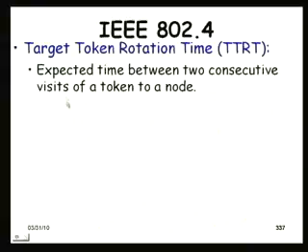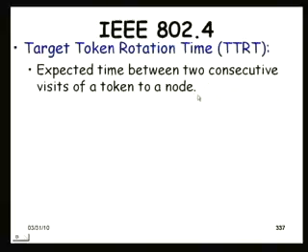One important parameter here is the target token rotation time, or TTRT. The TTRT is the expected time between 2 consecutive visits of a token to a node. So, when a token arrives at a node, it starts to transmit, and TTRT is the difference in time between 2 consecutive visits to a node.